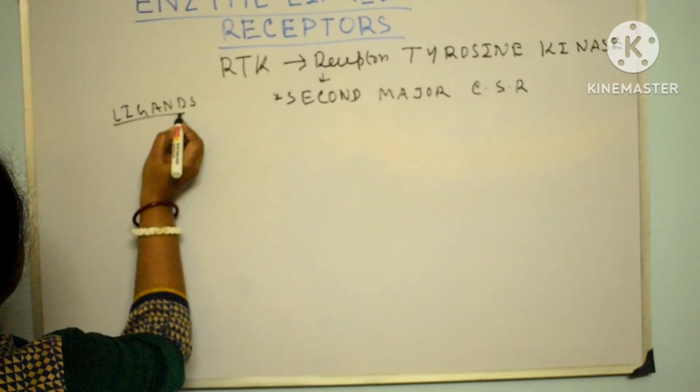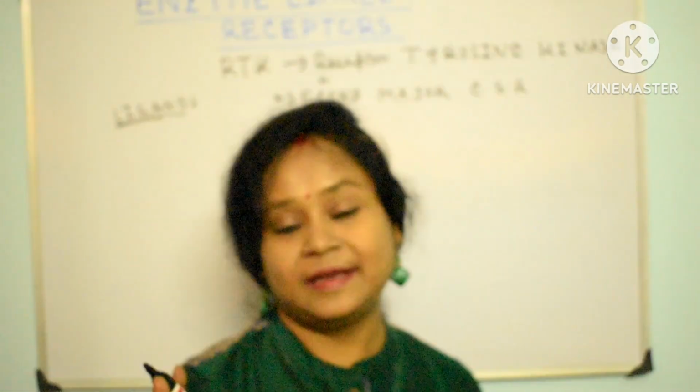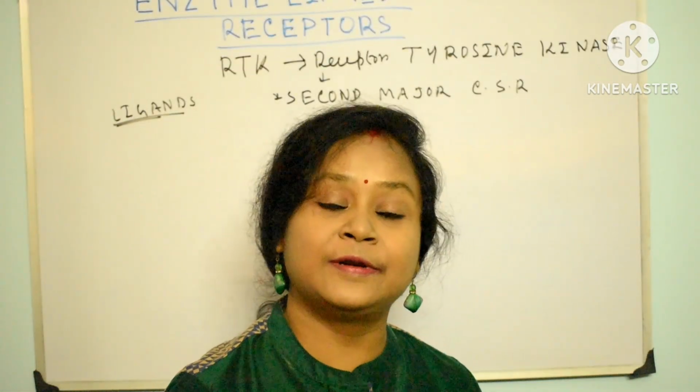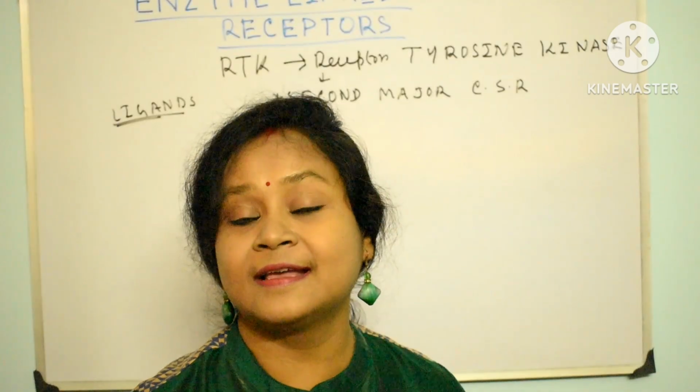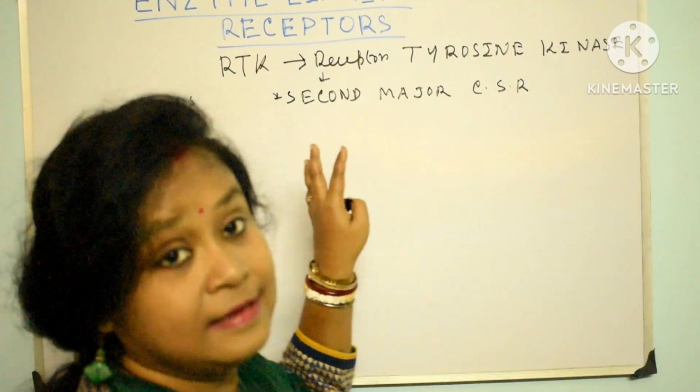And what are the ligands for RTK? Ligands means signaling molecules that come outside of an excited cell. That cell receives a signal from its surroundings and, being excited, releases these signaling molecules or ligands.